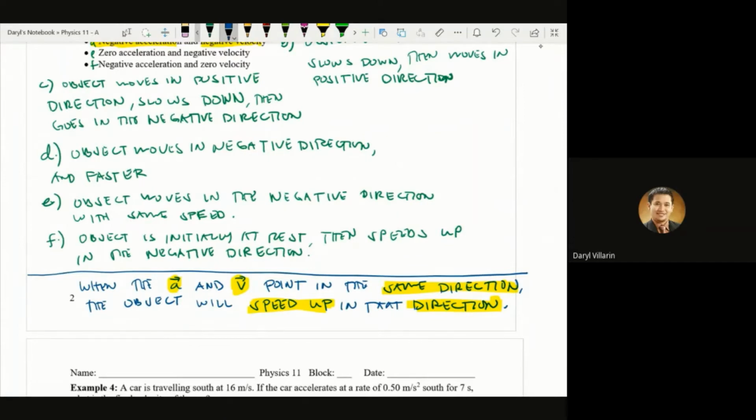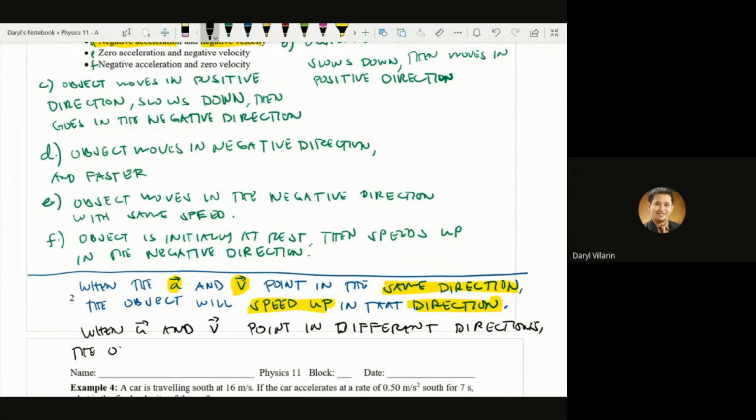The other case is that when A and V point in different directions, okay, you're gonna expect that the object will slow down.